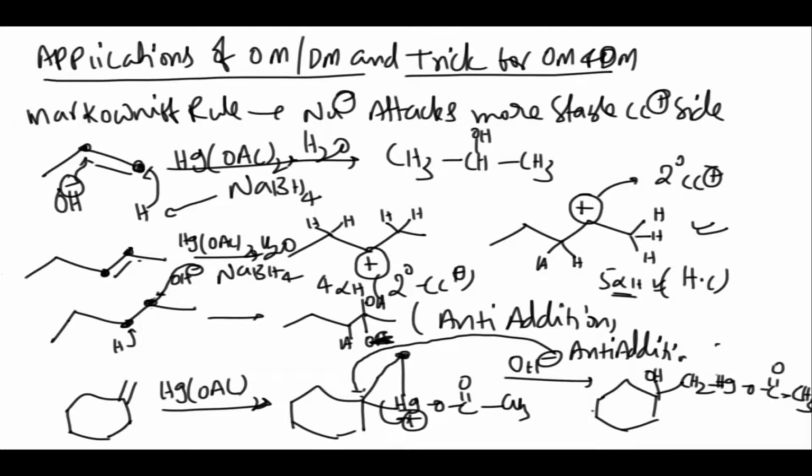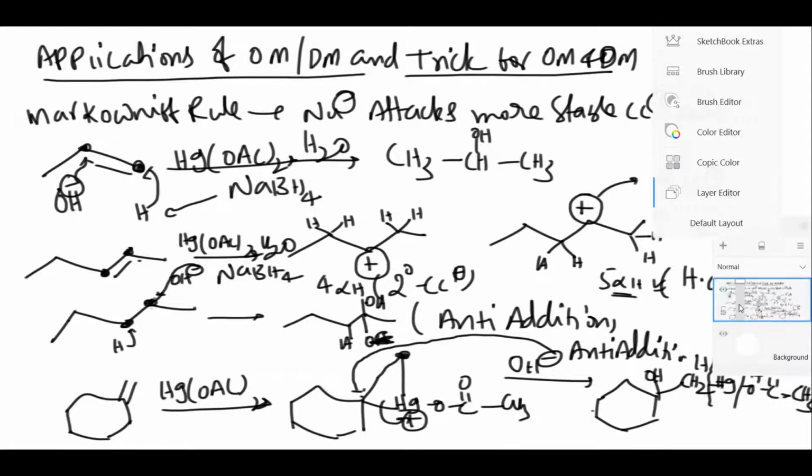After that you add NaBH4, then hydrogen is added, and the product has OH like this. So this is our product. I hope you understood that this is anti-addition, and you understand the trick also.